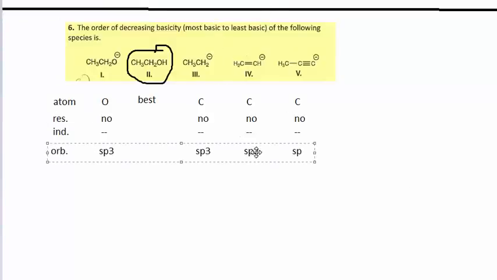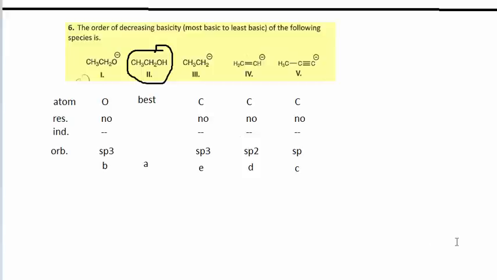Since this one had no negative charge, it is the best. Oxygen is more electronegative than carbon, so this is next best, and now we're comparing these, and the only difference is the hybridization of the orbitals. You should already remember that sp is the best because it has the most s character, then sp2, then sp3, all because of that s character.